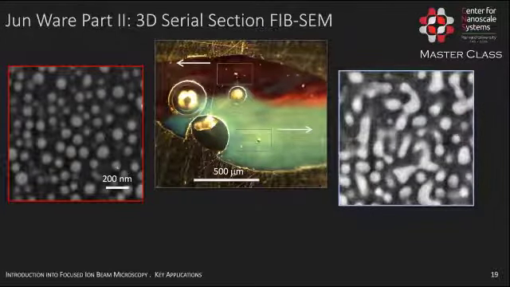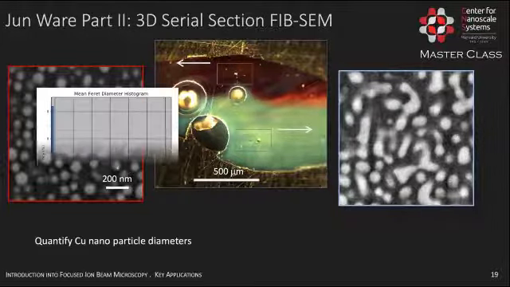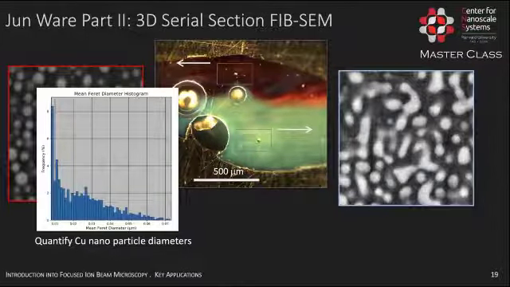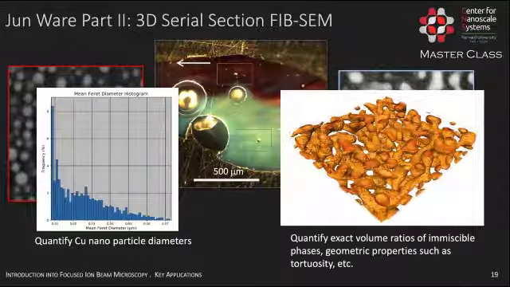So now that we have the full three-dimensional information of the material, we can actually do quantitative analysis. So for example, we can quantify the particle diameter of the nanoparticles, which gives us further information in terms of the plasmon scattering. On the right side, on the blue phase, we can learn that we have a completely connected network of the second phase. We can extract volume ratios of the two phases, which gives us an idea where we are in the phase diagram.